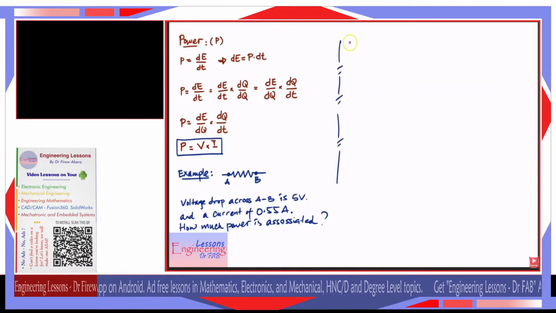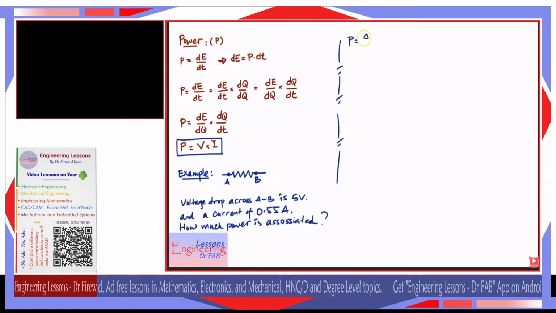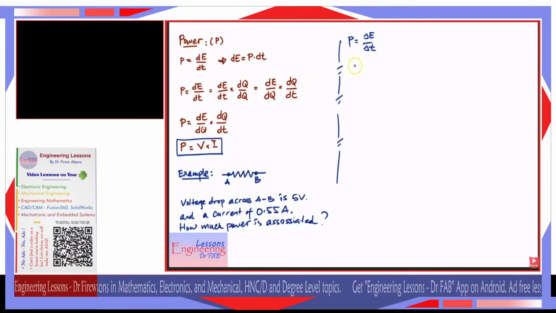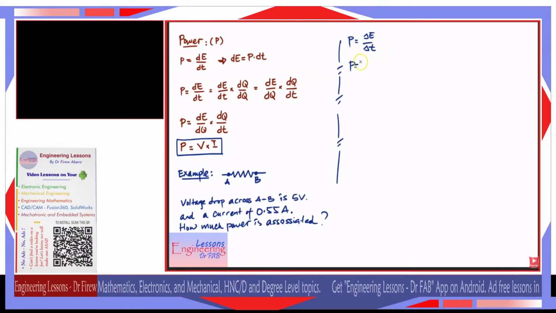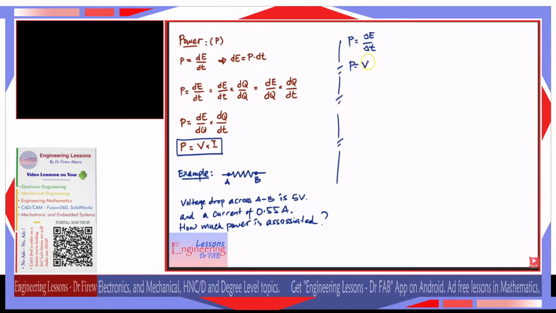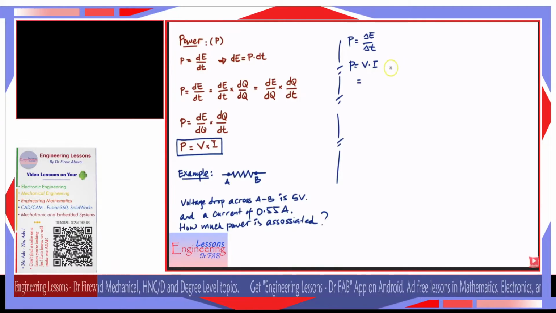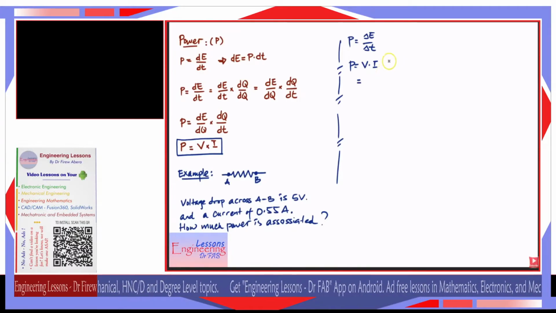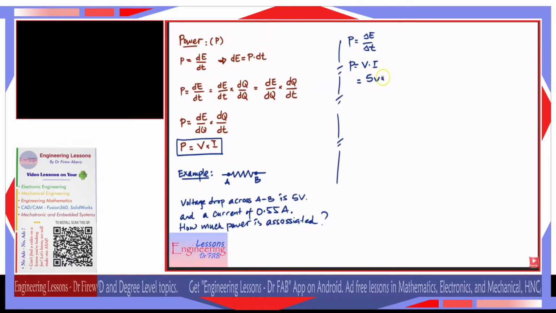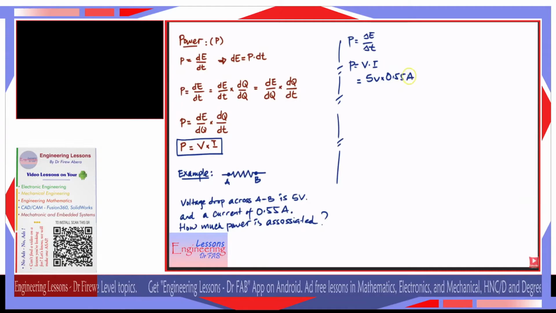Although we have defined power to be the rate of change of energy per unit time, we also know power can be given by the product of voltage times current. So simply we have a voltage of 5 volts times a current of 0.55 amps.